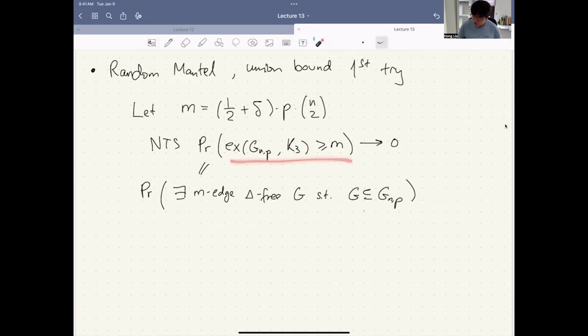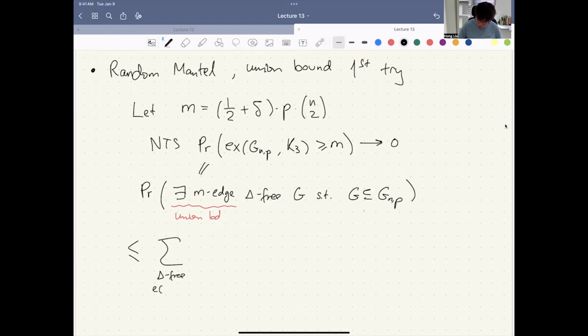This means G(n,p) contains some triangle-free graph with M edges. Now let's use the union bound here. This probability is at most the sum over all such triangle-free G with M edges of the probability that G is a subgraph of G(n,p).